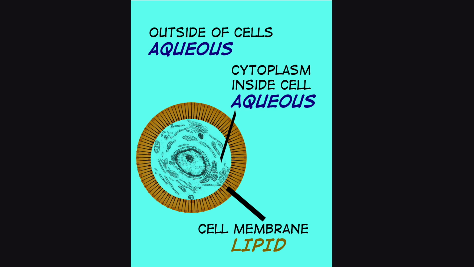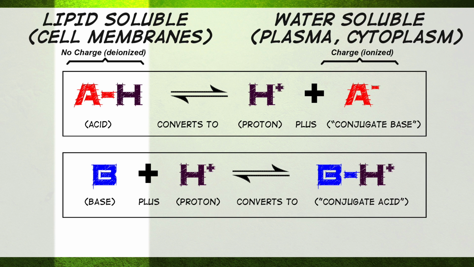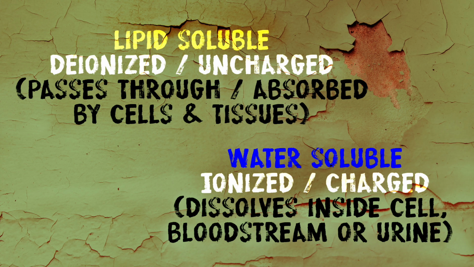So this ionization is a huge deal when you talk about pharmacology, and that's because the cells in your body have enclosing cell membranes made out of lipids. You may recall that plasma membranes are made out of phospholipid bilayers, as well as cholesterol and some other fats. Now, in order for drugs to be absorbed across these barriers, they have to be soluble in lipid. So drugs that have no charge on them, that are deionized, are more lipid soluble and therefore can pass through membranes.